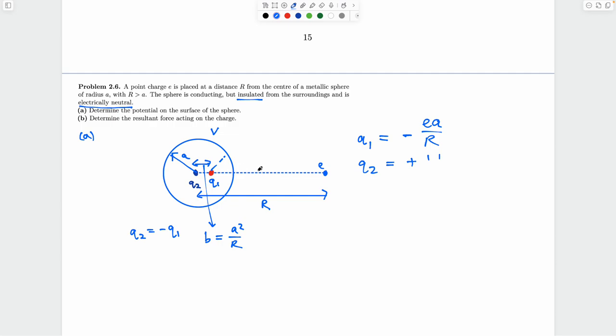And so we can then determine the potential at the sphere due to these three image charges. We know that these two will cancel out, so really we only need to care about this one.